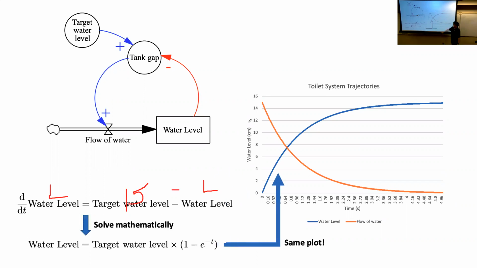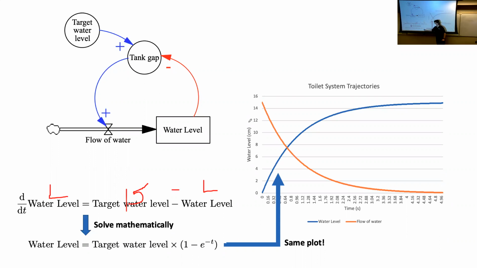So if I solve this equation using tools, it's not really that important for me to do, but I could in principle go through the process of using calculus-based methods to go from this differential equation to this solution, where the water level at any given time is the target water level times this expression here, 1 minus e to the negative t.